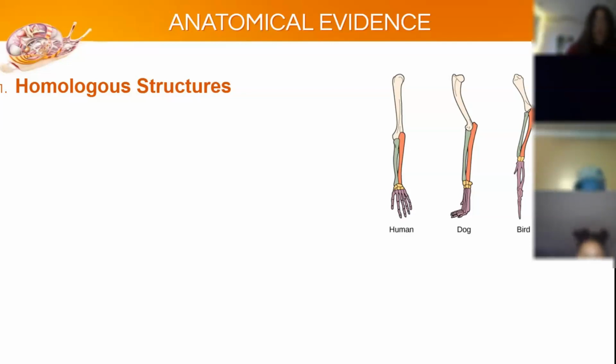That's like an underlying theme that you can take through most of your evolution questions. The more dissimilar they are, the less related they are. They share a more past common ancestor. If they're very similar, they share a recent common ancestor. So this is showing that these organisms have similar features and therefore must have a similar ancestor, right? Gave rise to each of these.